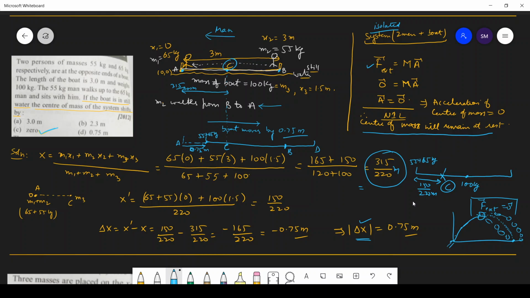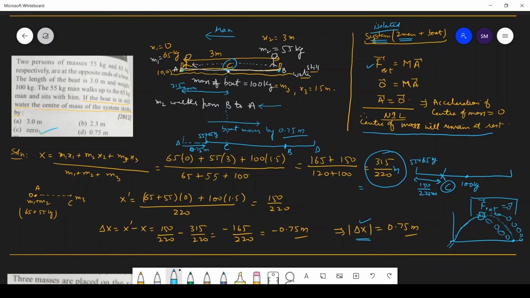But sir, here we are putting mass on one side, 120 kg on one side. See, the system has two men and a boat. Irrespective of where you are standing in the boat, the center of mass will change with respect to A. But here, actually there is no external force acting on it.